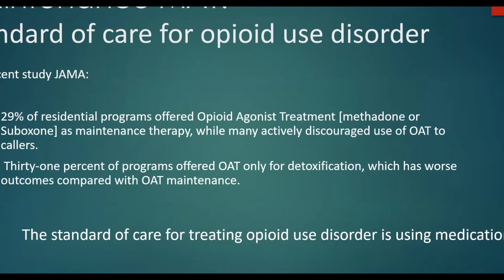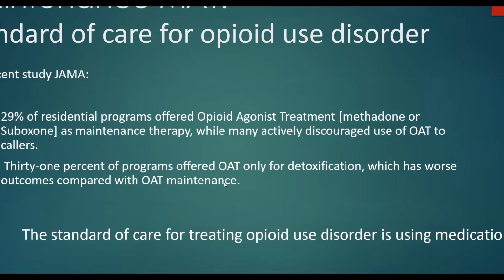To think that only a third are actively prescribing MAT for opioid use disorder is troubling, because these patients, especially injectors and those using illicit street fentanyl products, are at very high risk for an overdose. The standard of care for treating an opioid use disorder is using some type of medication.